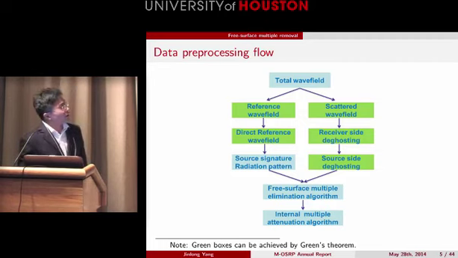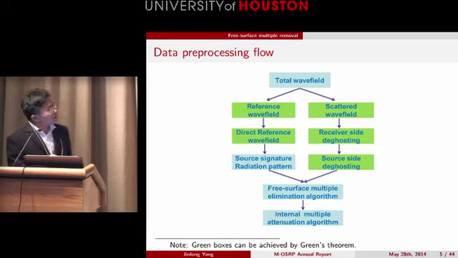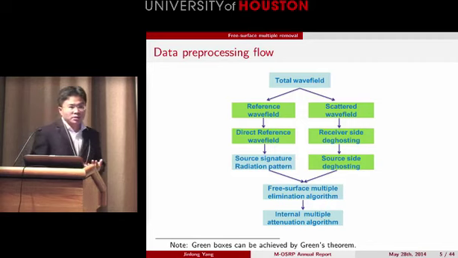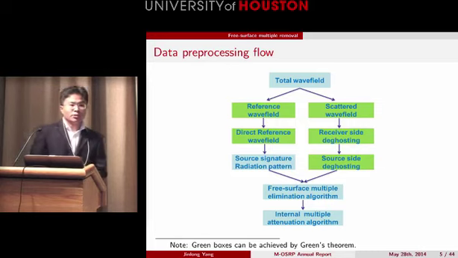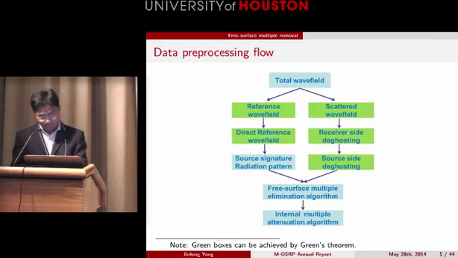But for the general case, if the source is a source array or source generator with a radiation pattern, I need a further step to get the direct reference wave. And next, I will use this to get the source signature and the radiation pattern. After that, I will input into our free surface multiple elimination algorithm to remove free surface multiples, and then input into the internal multiple algorithm to attenuate or remove internal multiples.